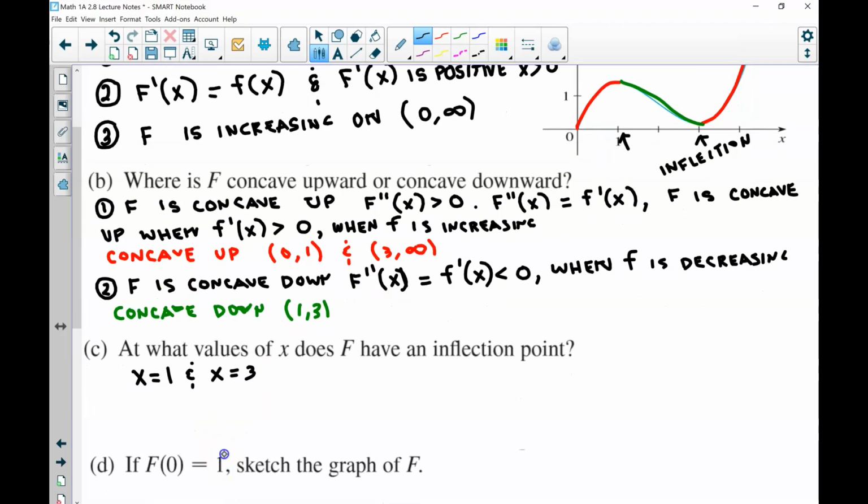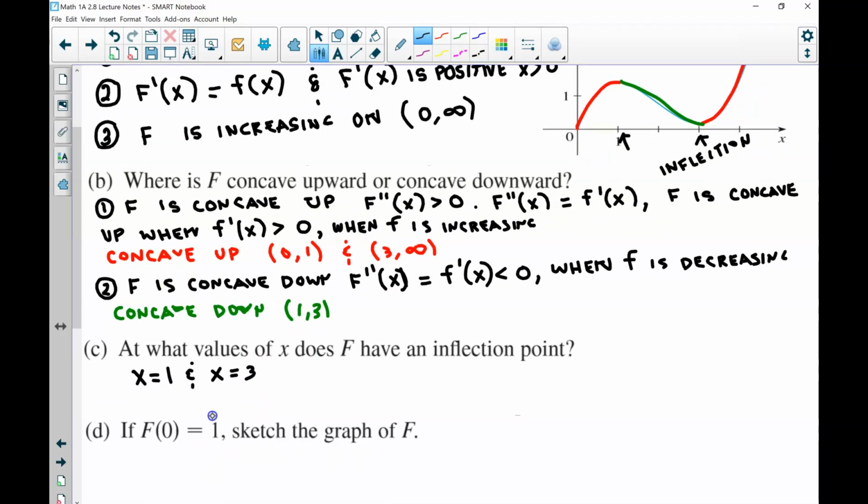Okay. Now next, for part D, it says in sketching the graph of f, we use the information from parts A, B, and C, but for finer details, we also bear in mind the meaning of an antiderivative.